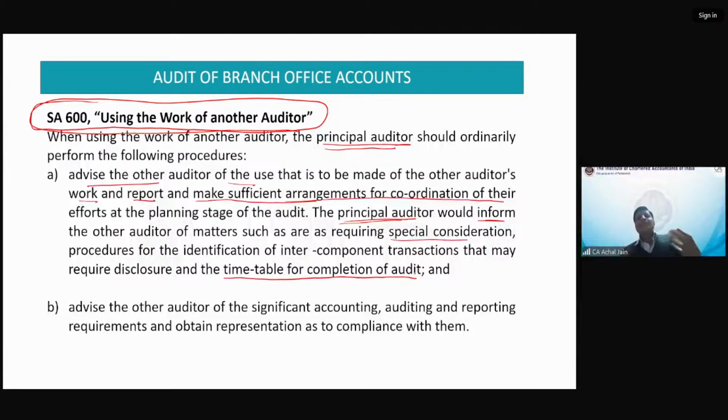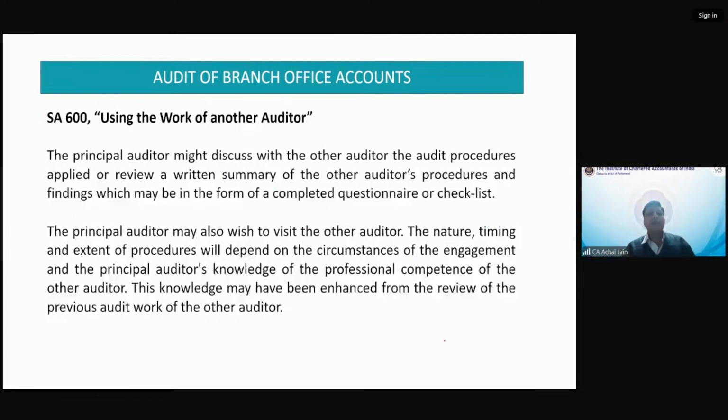Why? Because till the time the branch auditor completes the work, can the head office complete its audit? No. The principal auditor may also advise the other auditor about significant accounting, auditing and reporting requirements, and obtain representation from them that they have complied with those requirements.